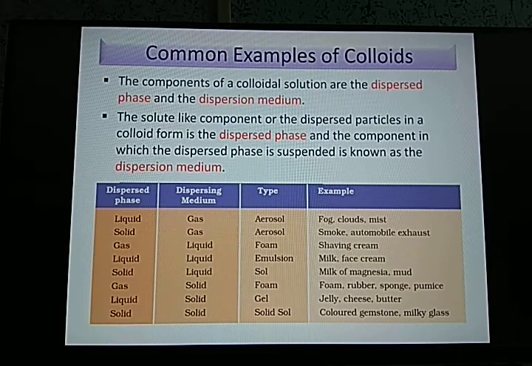For example, milk. Milk itself is a liquid, and if we mix it with water, which is also liquid, the water will be the dispersing medium and milk will be the dispersed phase, and that type of colloid is called an emulsion.